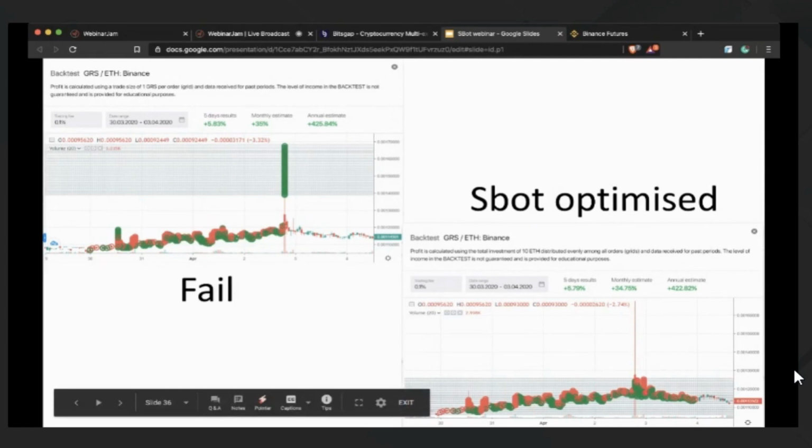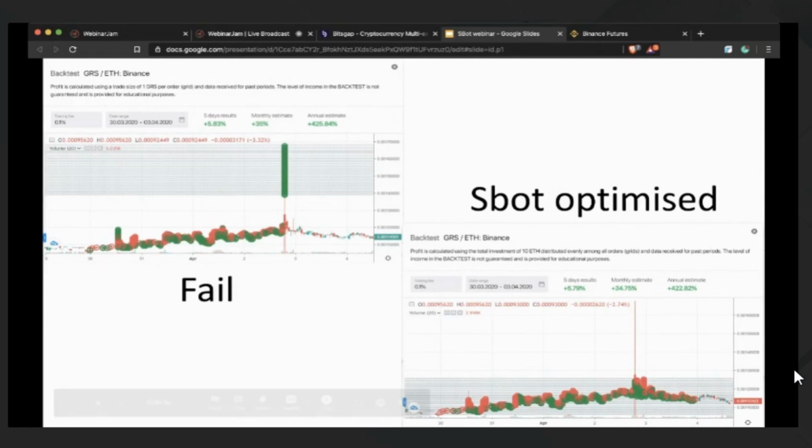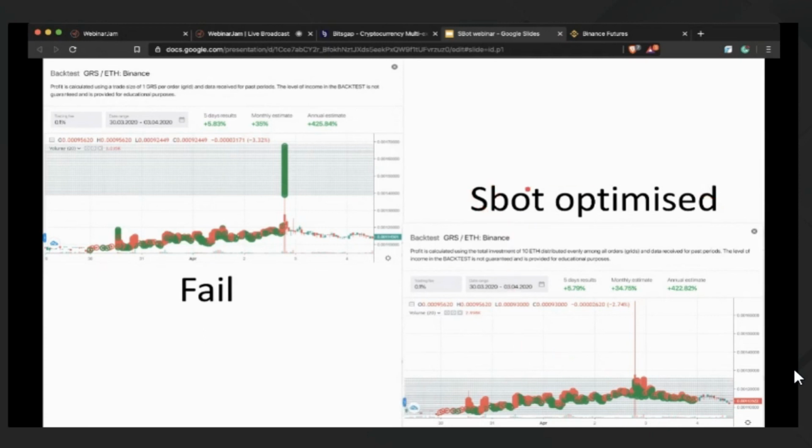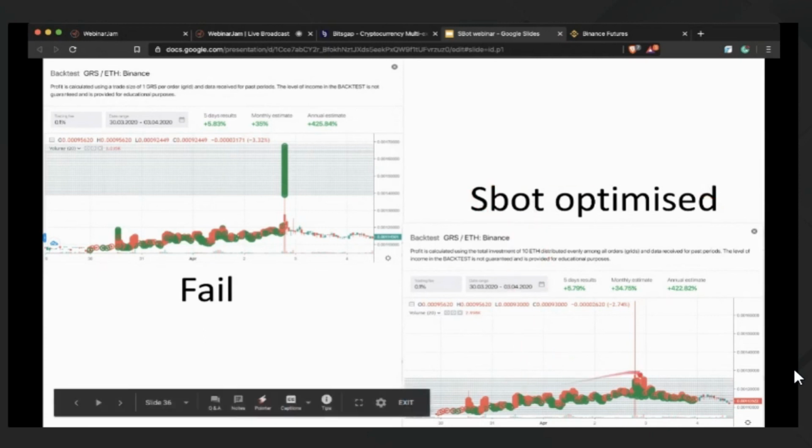So here is smooth performance. So that's what we are looking for. We don't want our portfolio to be exposed to huge market risk like this case. We want to have as smooth strategies as we can, and in this case, Sbot is perfectly optimized to avoid such extreme volatility cases.